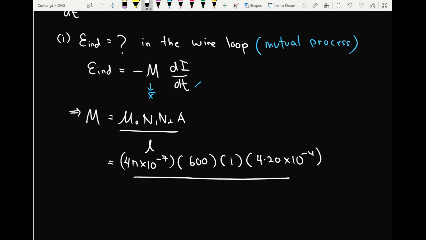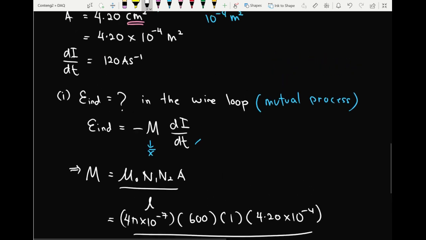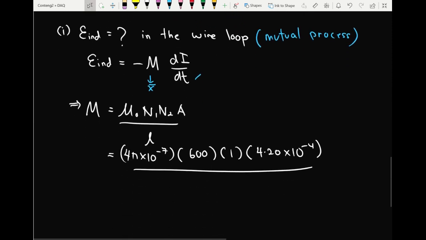And the last one, you have the length, 1.50. So determine the mutual inductance, and we get 2.11 times 10 to the power of -7 Henry.